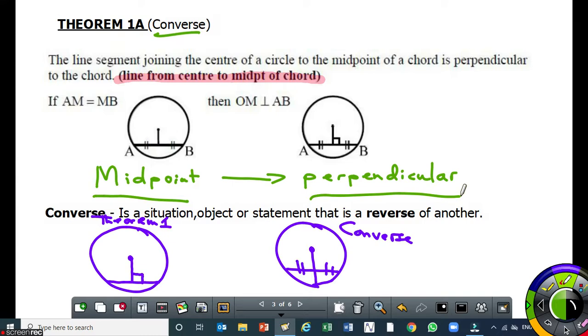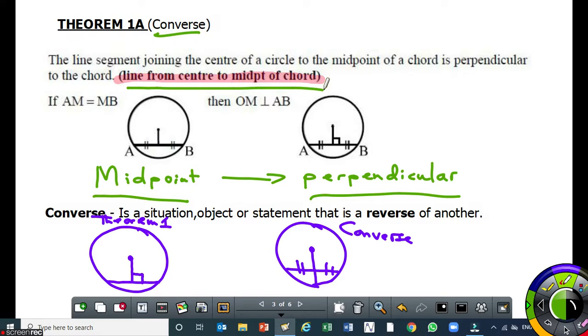Now you need to be extremely careful with the two. That is the original theorem and its converse. I'm going to emphasize that as I move. So the reason is: line from center to midpoint of chord. That's the reason for the converse. You use this reason if you see a diagram with a chord that is bisected.